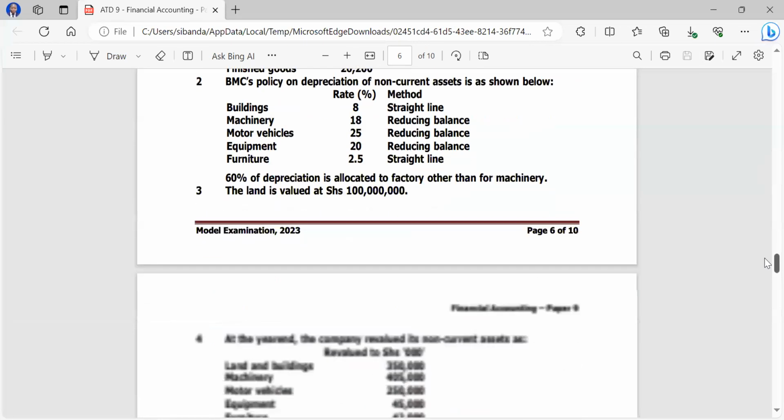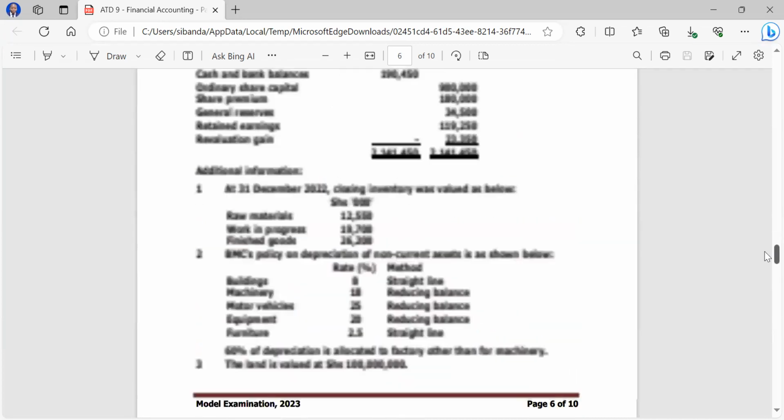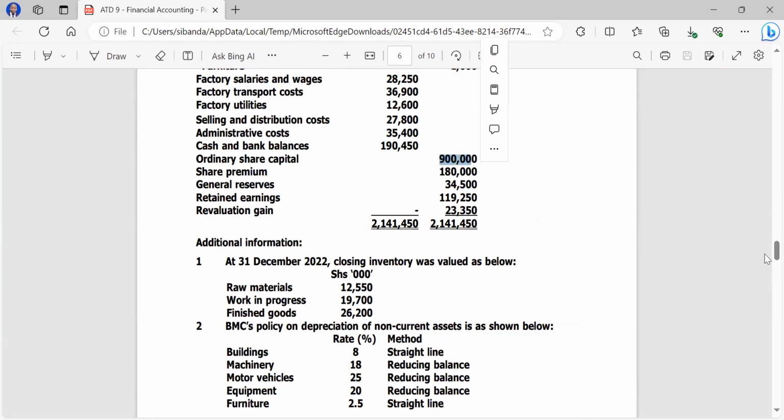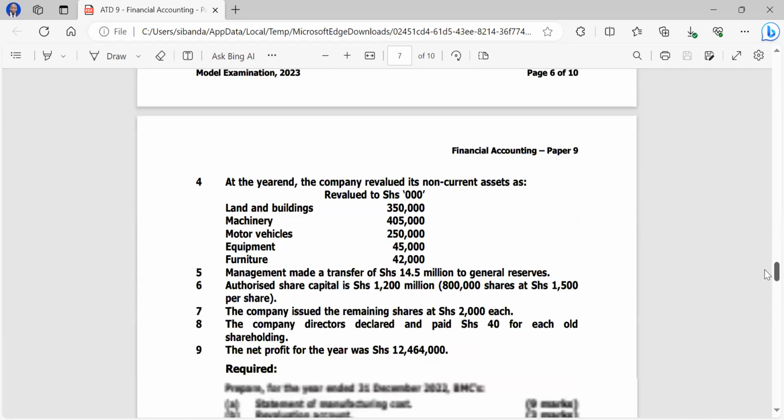So ours is to ask ourselves mathematically, if our total shares are supposed to be 800,000 and it is supposed to be 1.2, but we now have 900,000, what do we do? We shall get this 1,500 and this 900,000 and divide the two figures, 900,000 divided by 1,500, to determine the number of shares that we currently have. Is that okay, Paul?